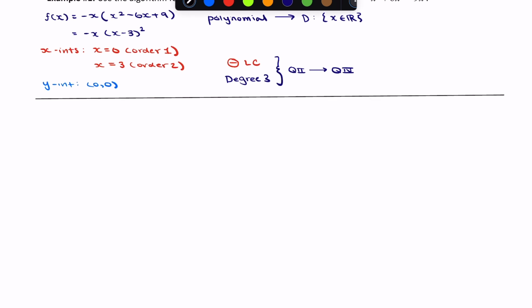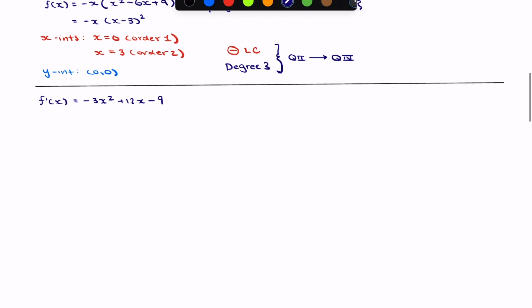And so here we get f prime of x. So we'll derive the function. And f prime of x is equal to negative 3x squared plus 12x minus 9.